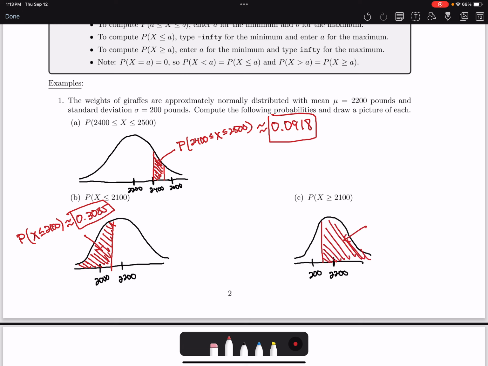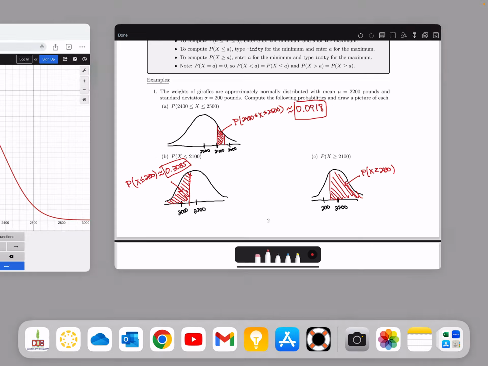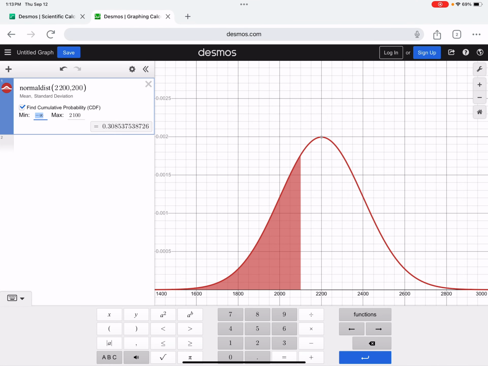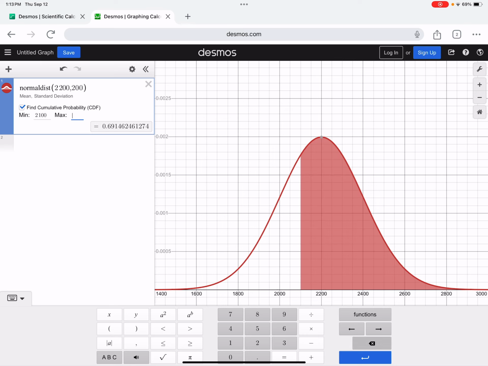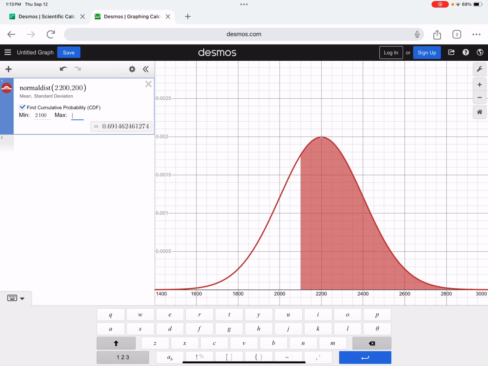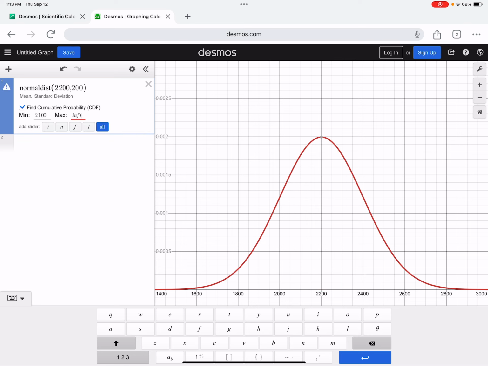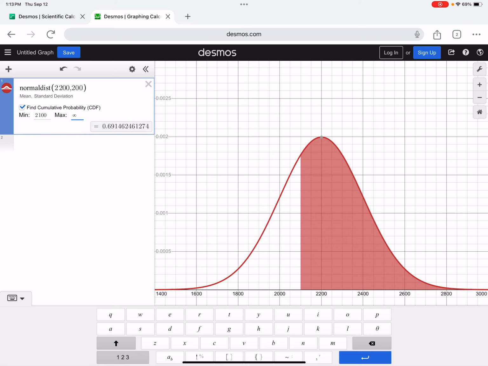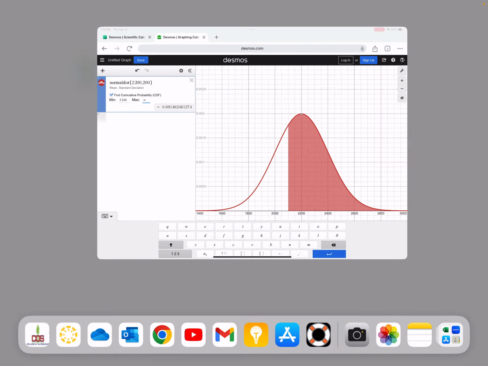So this is probability x is greater than or equal to 2,100. And let's see what we get. So this time there's no upper bound, right? The upper bound, we would just type in infinity. So that comes out to 0.6915-ish.